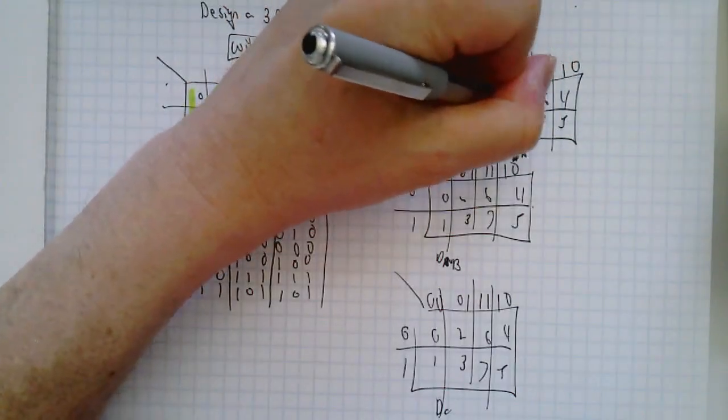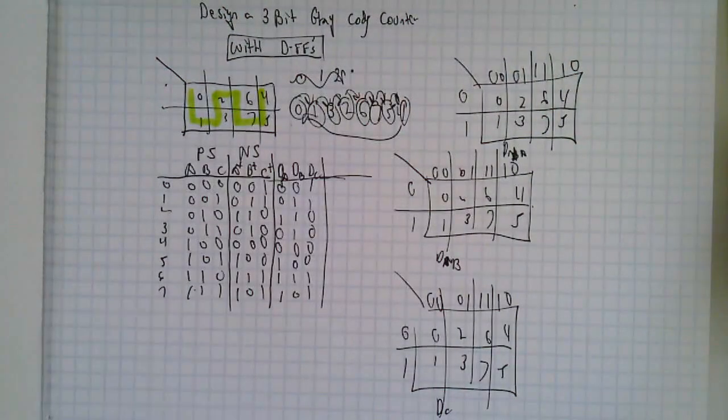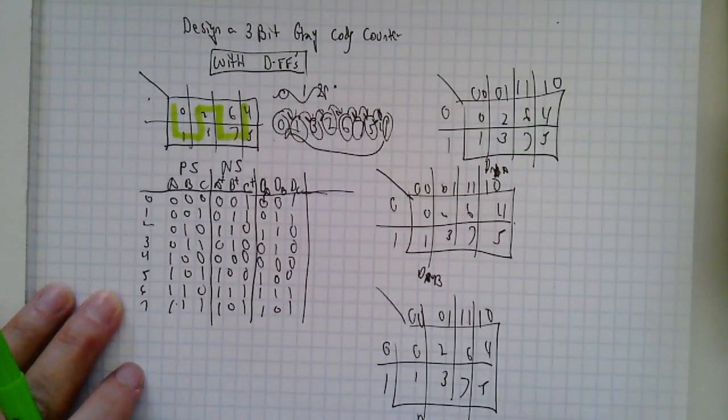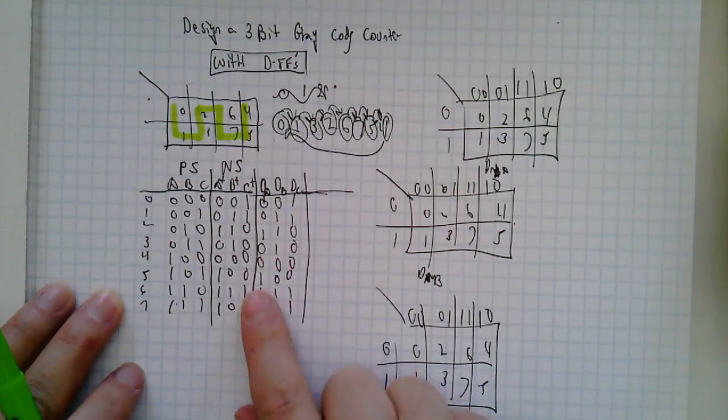Now I can fill out my K-maps. You know what I'll do is I'll make all the ones green. That sounds like fun, doesn't it? All the ones are green. So I'm going to have ones on 2, 5, 6, and 7.